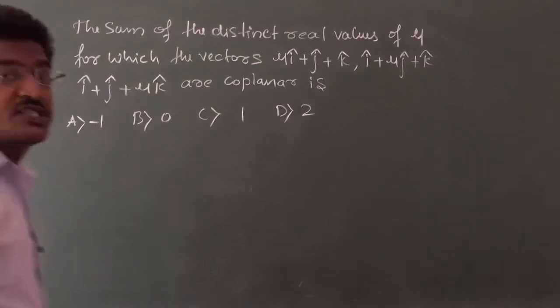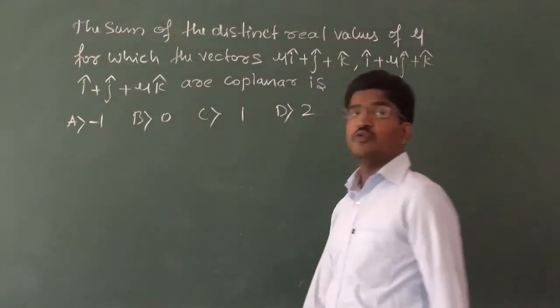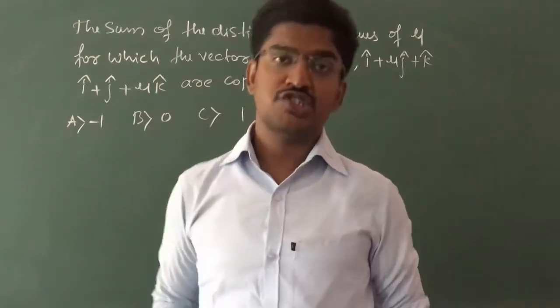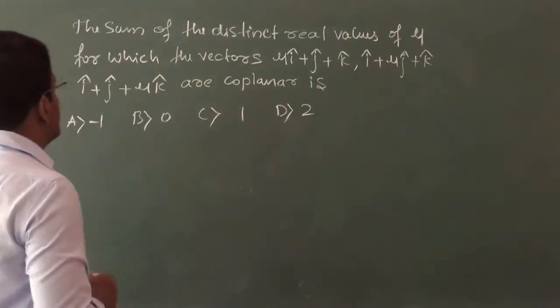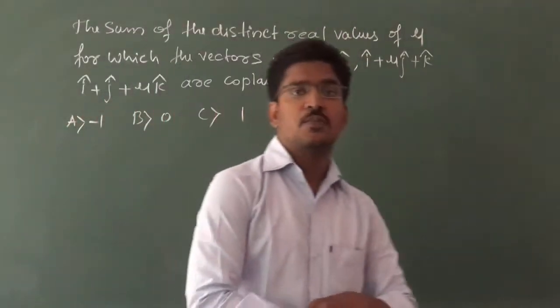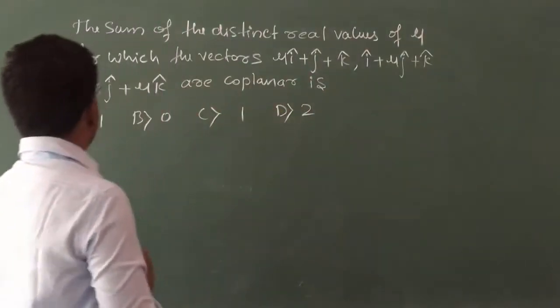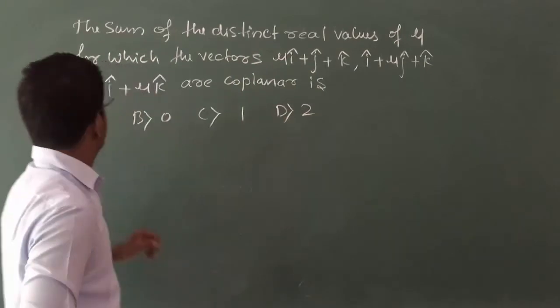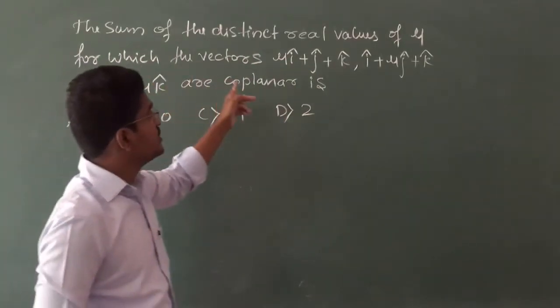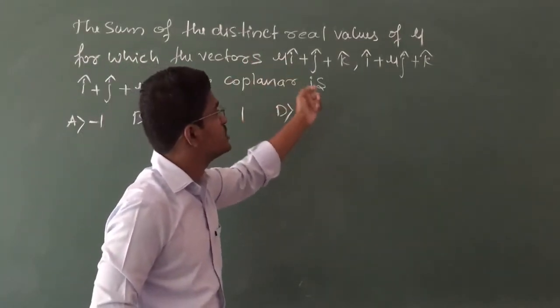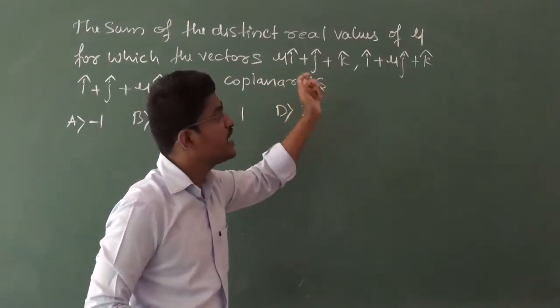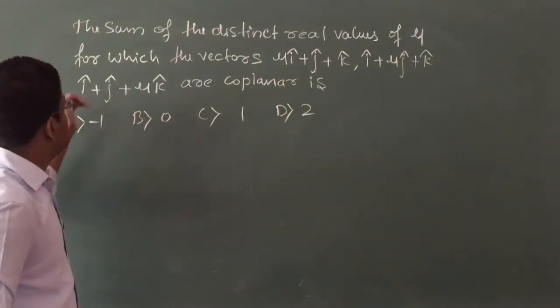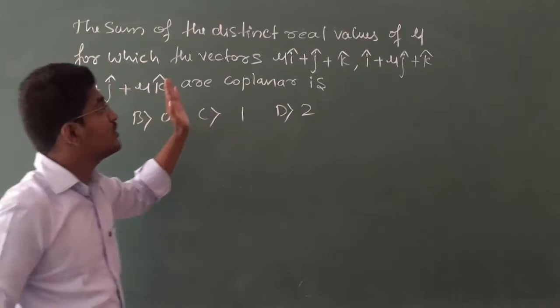Okay, students. So now let us move to the next question, that is from your vectors chapter. Clear? So here the sum of the distinct real values of mu for which the vectors mu i cap plus j cap plus k cap, i cap plus mu j cap plus k cap, i cap plus j cap plus mu k cap are coplanar.